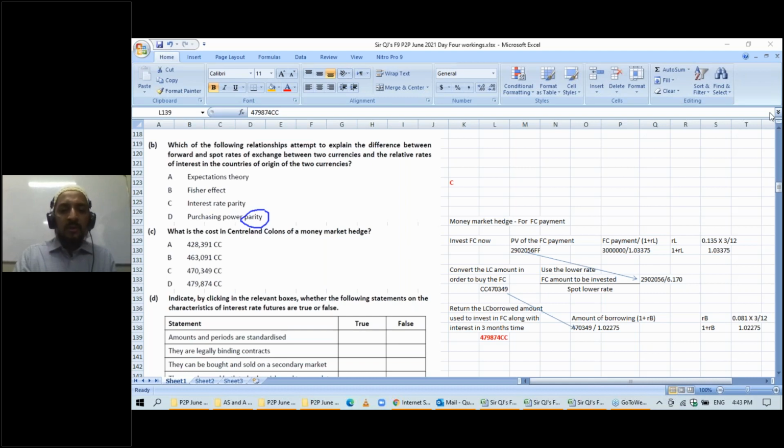Okay, there's a question from Adolfo about why we are using the lower rate. We are using the lower rate because you have the local currency amount in your hands. You will take it to the foreign currency dealer and place it on his counter. So he will be receiving local currency from you.